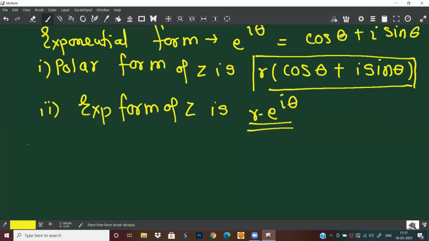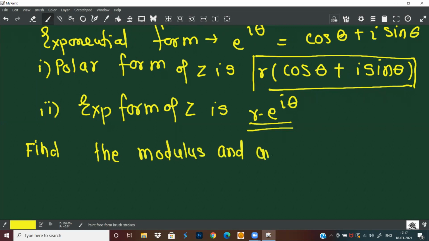हाँ, now find the modulus and amplitude of, first z is given to you as -8 plus 15i. ये दिया हुआ है.